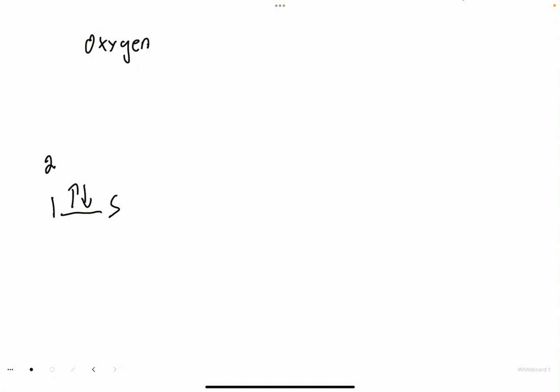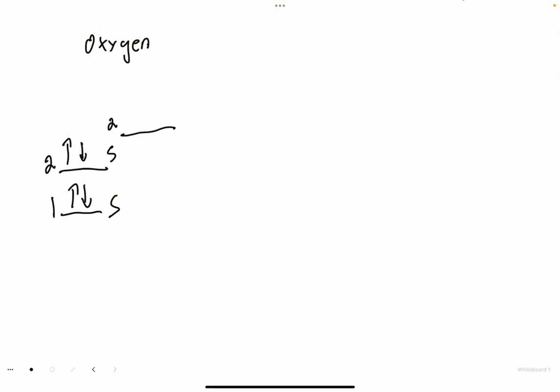In the 2s sublevel, we also have 1 orbital, which consists of 2 electrons. So now we have 4 electrons so far. Since oxygen has 8 electrons, we need to try and get to 8.